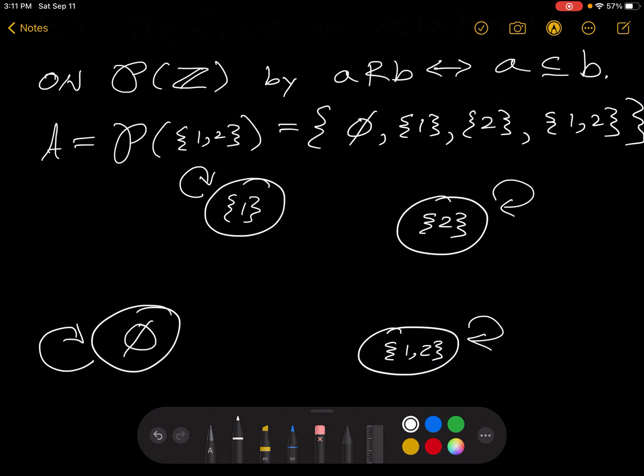Okay, let's see. Now let's go to symmetry. So we definitely have an arrow here, right? This says that the set containing 1 is a subset of the set containing 1 and 2.